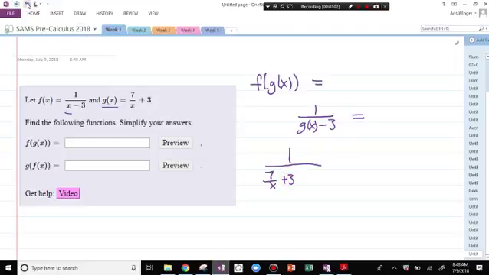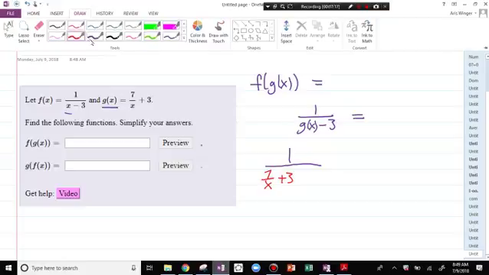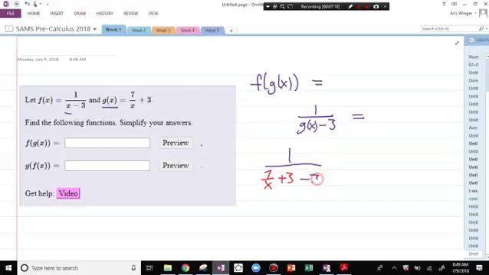Should actually put that in another color. So it's like you're substituting in this brand new function here, 7 over x plus 3, and then minus 3, right? Which actually is not so bad. 1 over 7 over x, x over 7. You flip it. F of g of x.